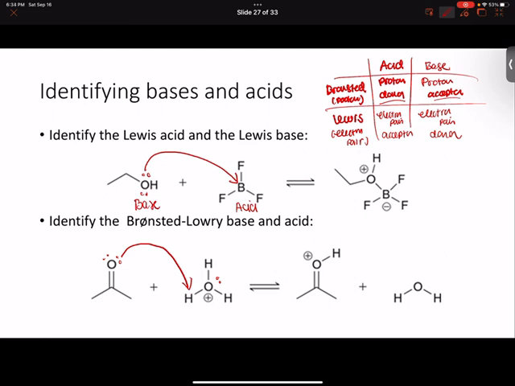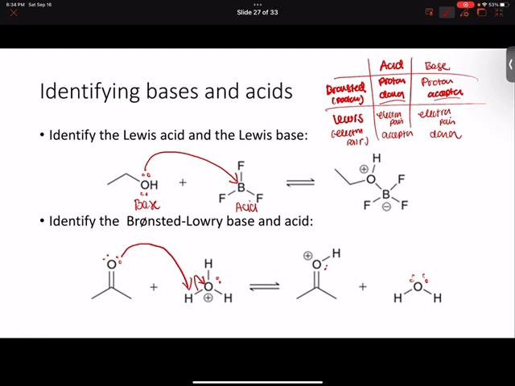And since hydrogen can only do one bond, we're gonna break the other bond that it has with that oxygen, and we're gonna place it on the oxygen. So then let's see, and this one has only one. Okay, perfect.